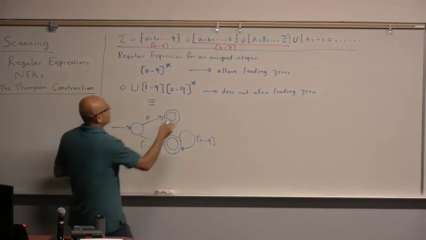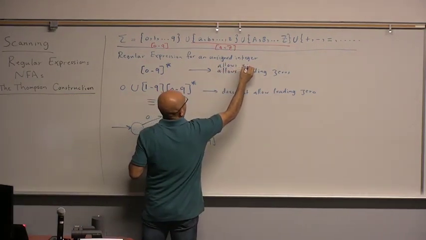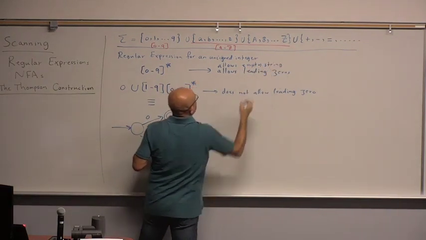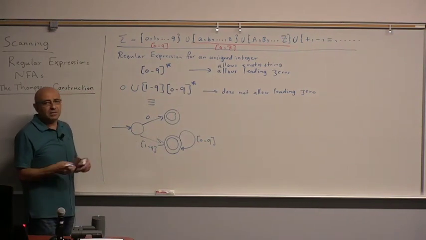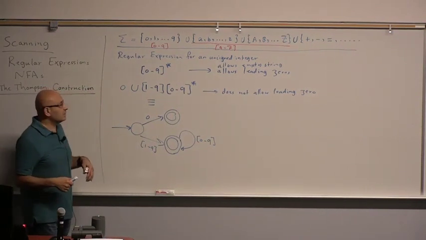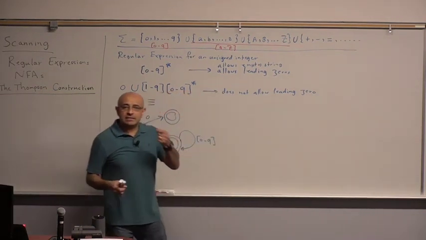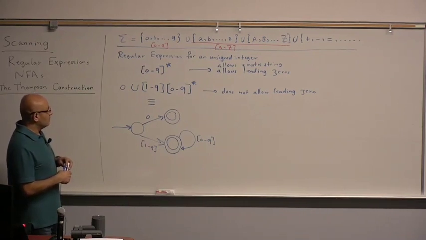So this allows the empty string as well. It's saying that the empty string is a valid unsigned integer, which is not true. A valid unsigned integer has to have at least one number in it. Okay.